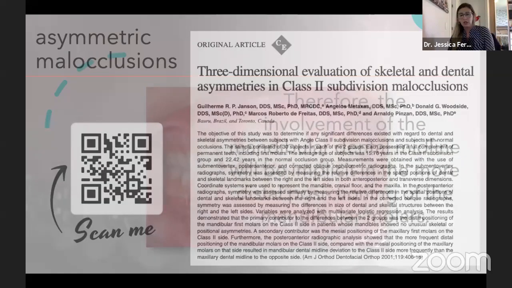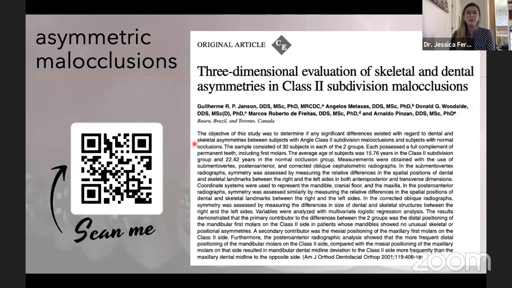In this article, Dr. Johnson in 2001 researched the three-dimensional evaluation of skeletal and dental asymmetries in class 2 subdivision malocclusions. You can have this article just by scanning this QR code.